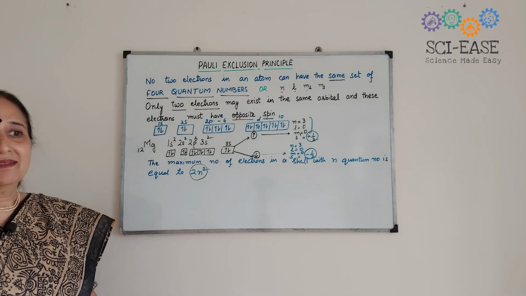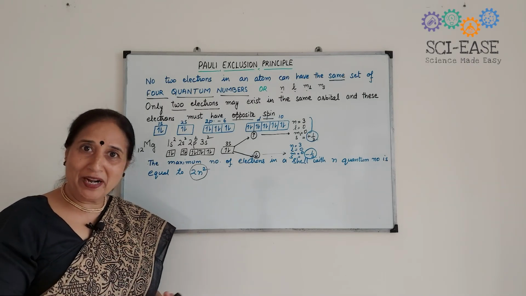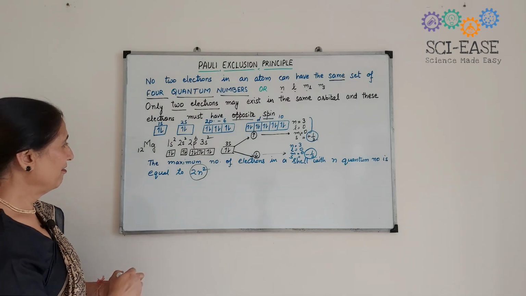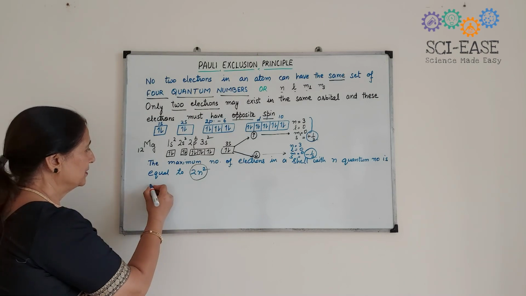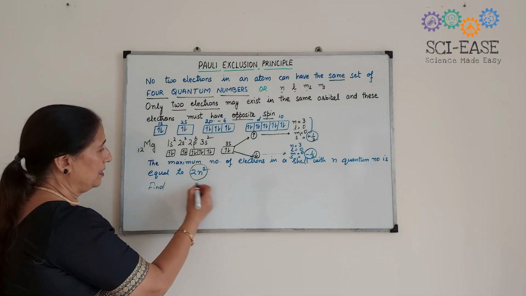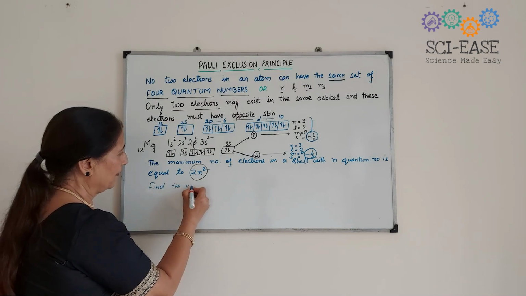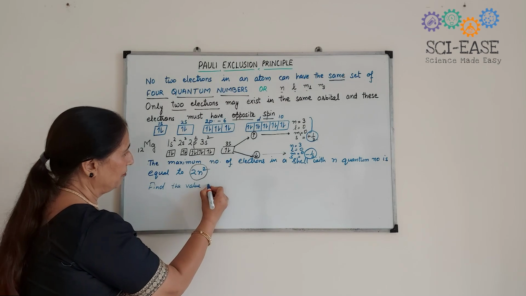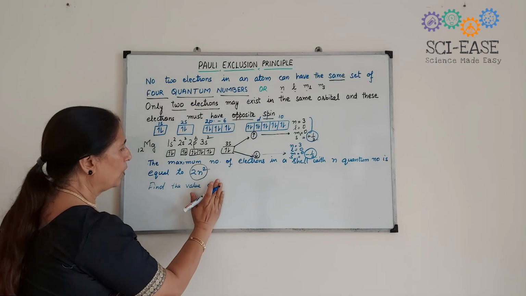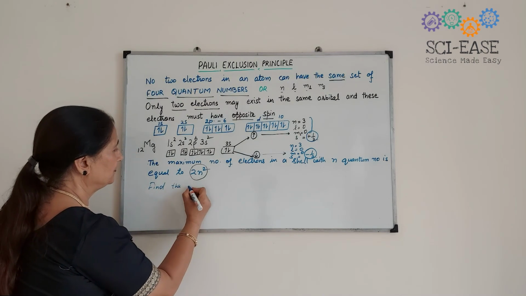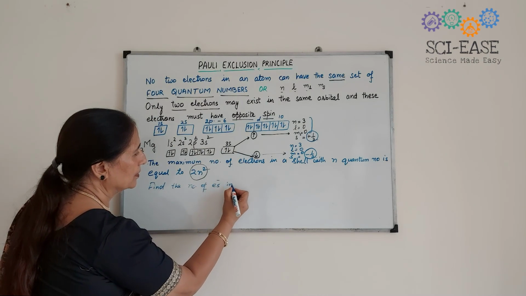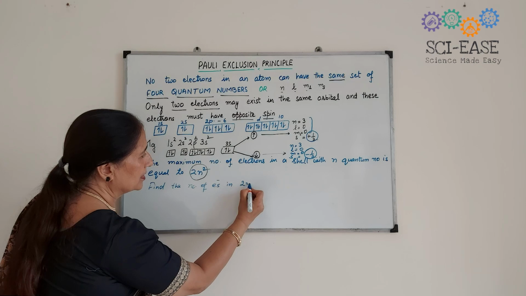Now you can solve a numerical also. Find the number of electrons in the second shell.